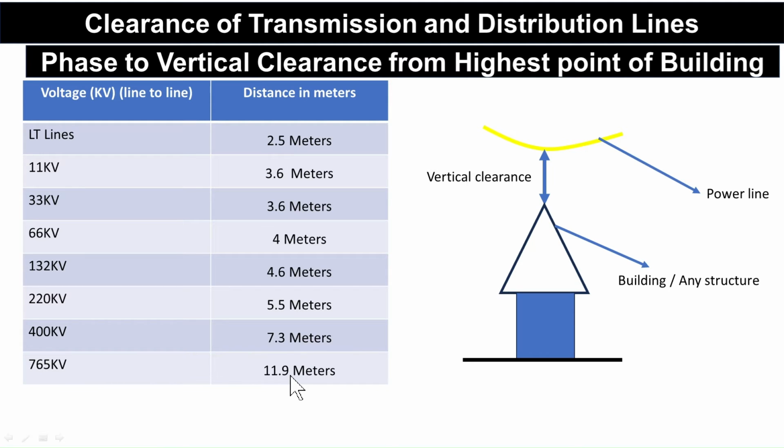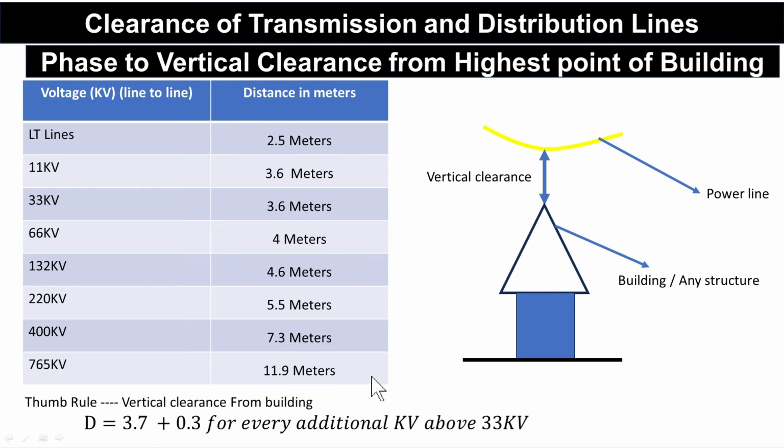Now the question arises, how you can calculate this distance? Generally, I can give a thumb rule to you. The thumb rule is D equals 3.7 plus 0.3 for every additional kV above 33 kV. For every additional 33 kV, you have to add 0.3.